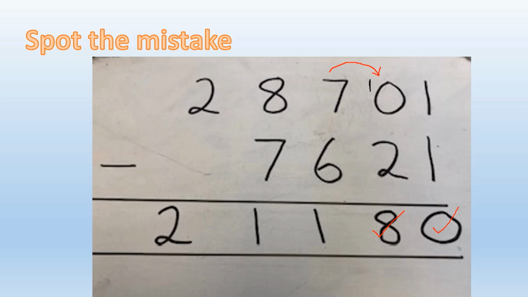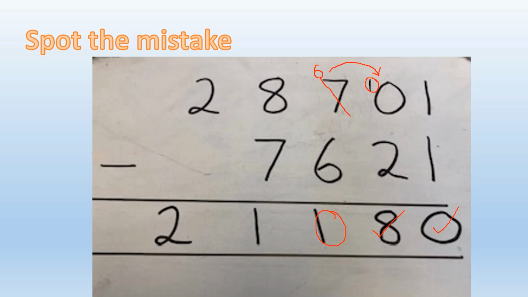What did they forget to do? When they exchanged 100 for 10 tens, they forgot to record that here, so that now becomes 600, because one of the hundreds came over here to make the 10 tens. 600 take away 600 should actually be 0 here.